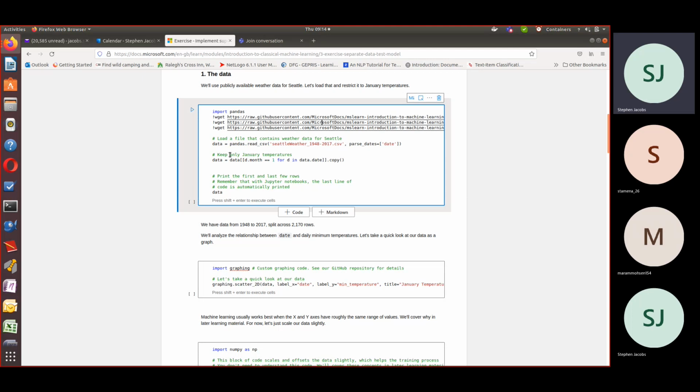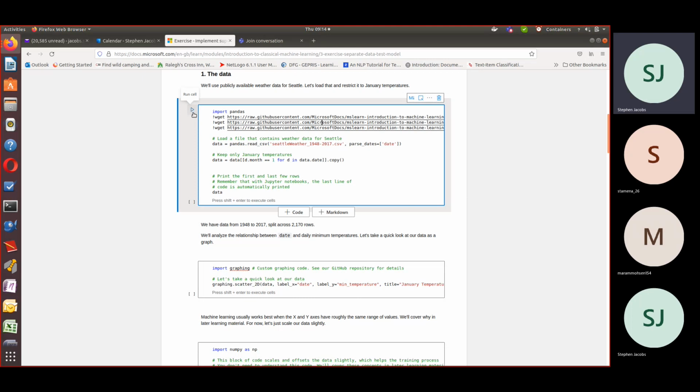So we'll end up with only the January data in this variable here, and print the first and last few rows, which is the normal thing we do to check. You can check any kind of printable array just by typing its name, and it will give you the top and bottom.